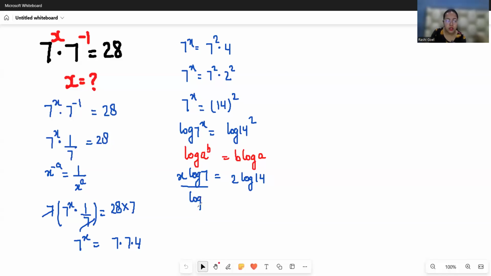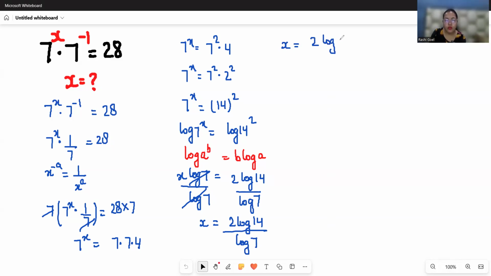Now if I divide both sides by log 7, so x equals 2 log 14 by log 7. So x equals 2 log 14. I can write it as 7 times 2 by log 7.